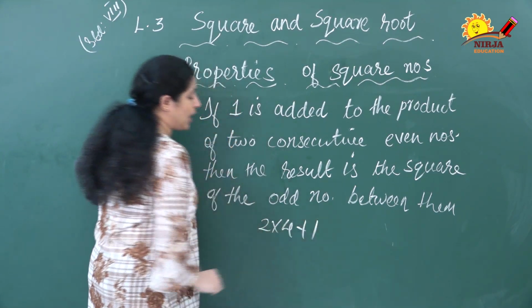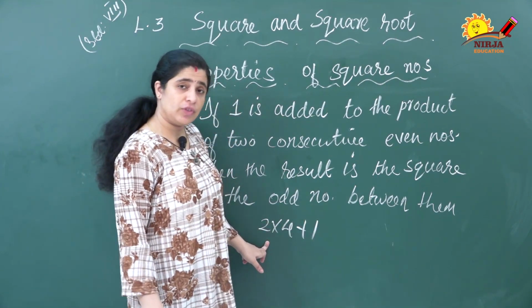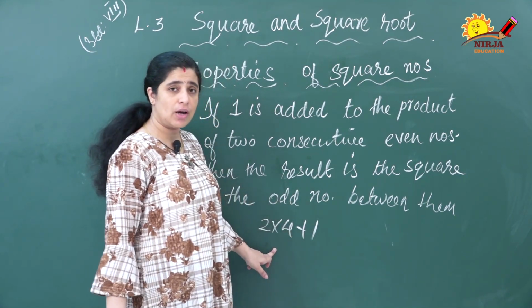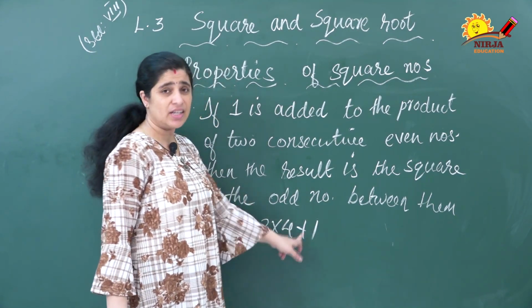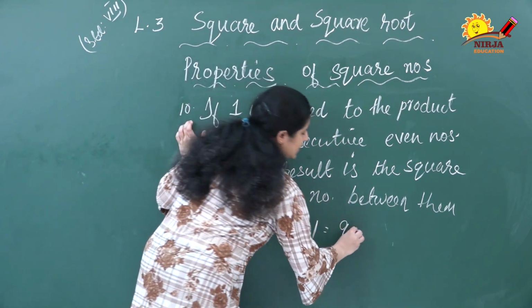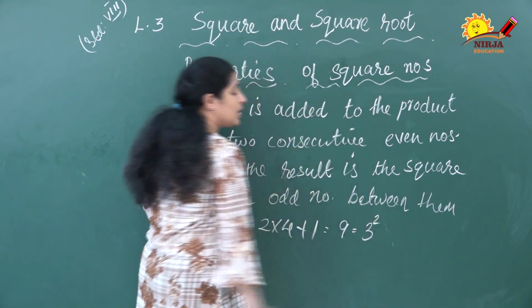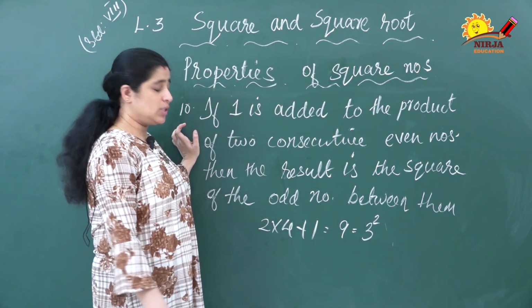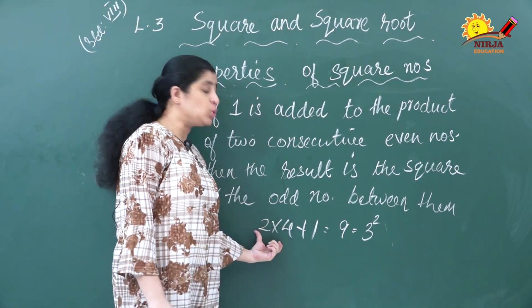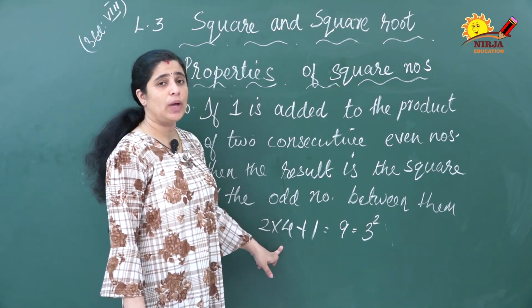Then you have to multiply these two numbers and add 1 to the product. That means 2 4s are 8. 8 plus 1 is equal to 9. You know that 9 is the square of 3, that is equal to 3 square. So 3 is the odd number between these two even numbers, 2 and 4.